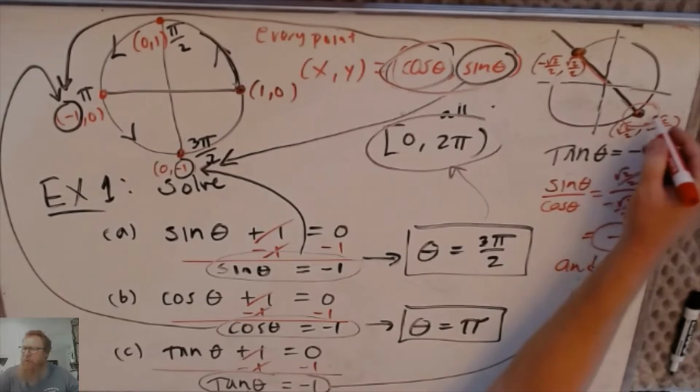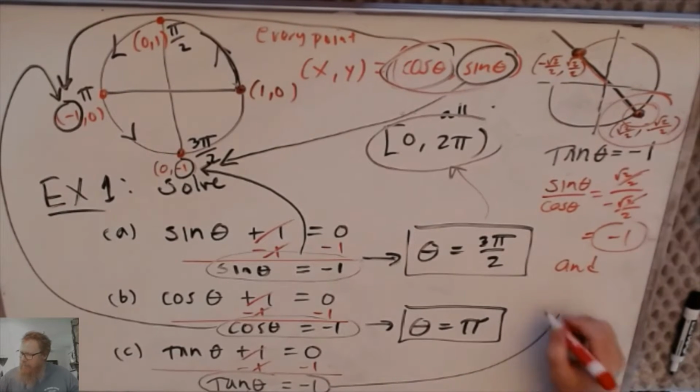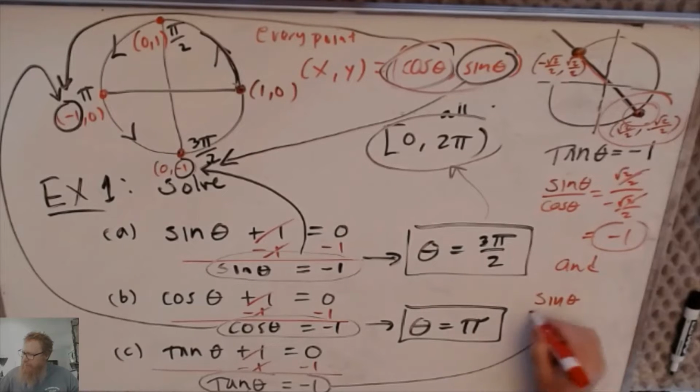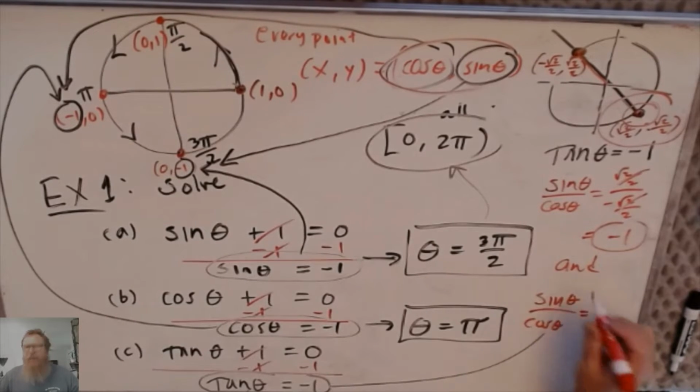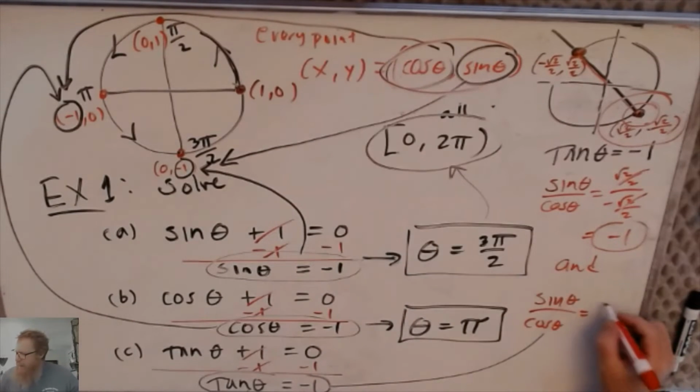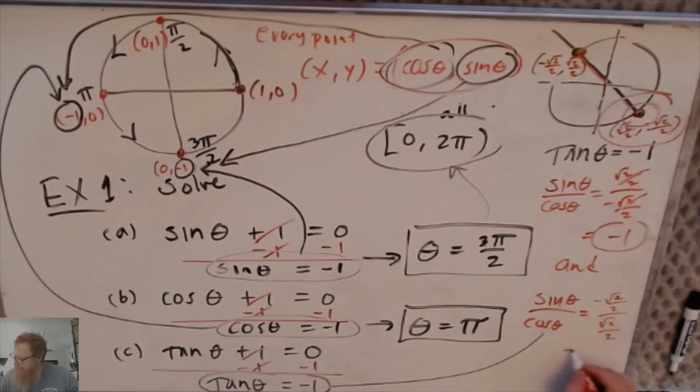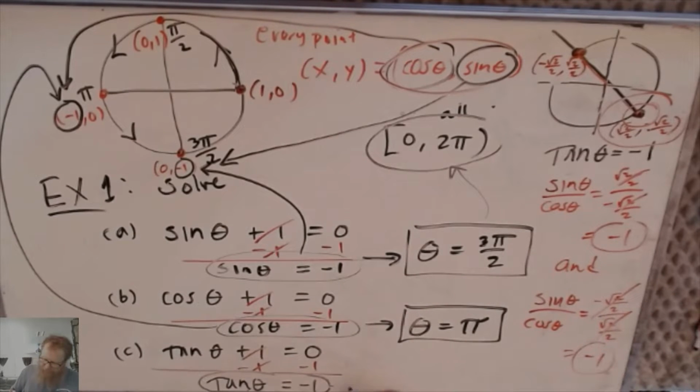In quadrant 4 down here, you got sine theta over cosine theta is negative radical 2 over 2 on top and radical 2 over 2 on the bottom. And again, everything cancels out, and you just get negative 1. So this one has two solutions.